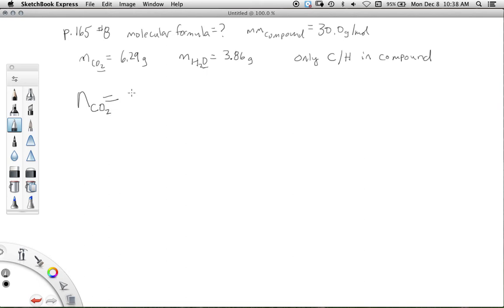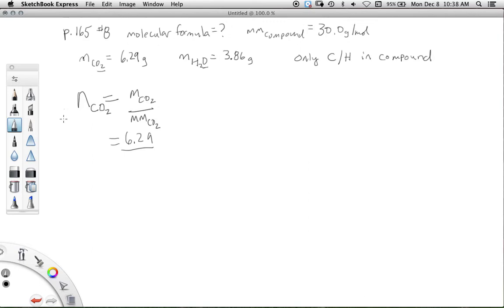Let's find moles of CO2, which is the mass of CO2 divided by the molar mass of CO2. So that's 6.29 divided by, now I have to find this, 15.994 times 2 plus 12.0107.